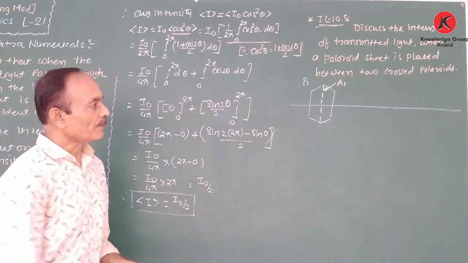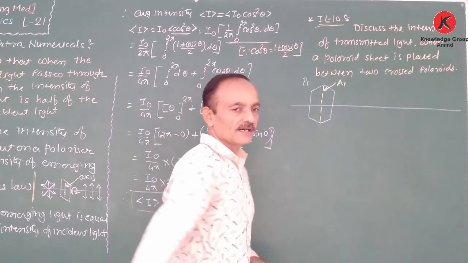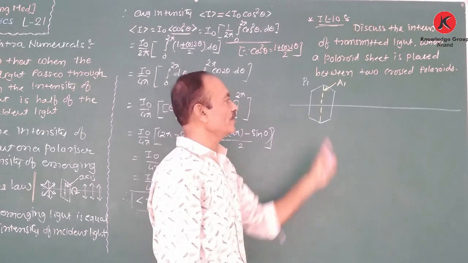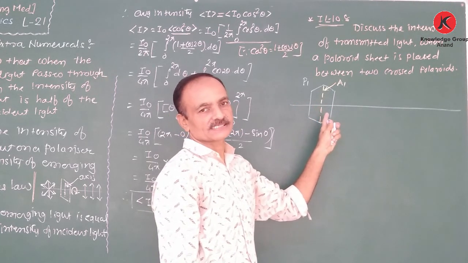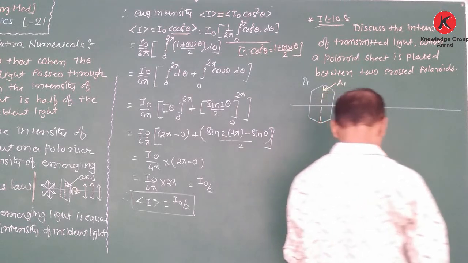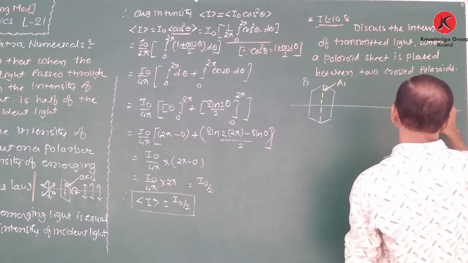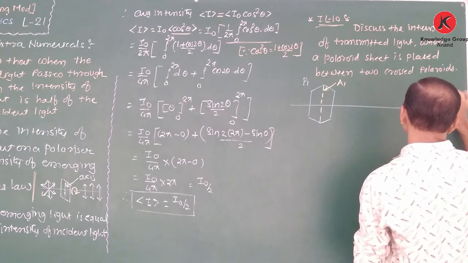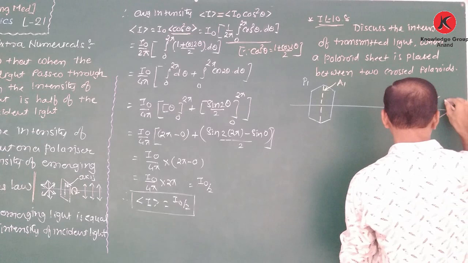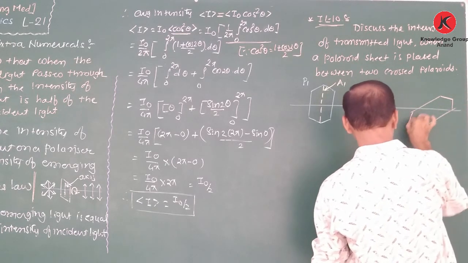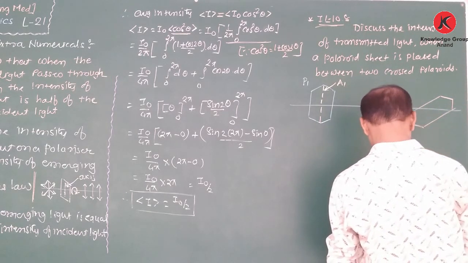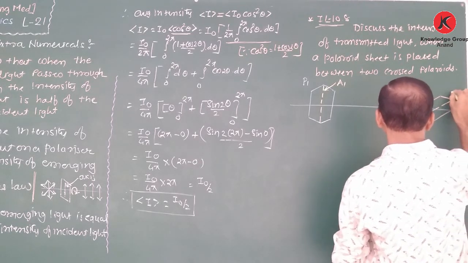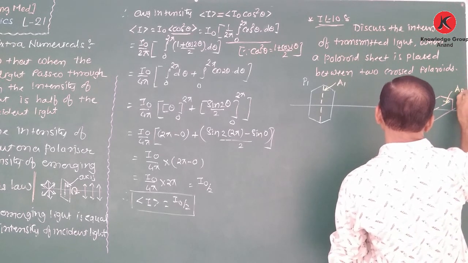Now, the third polarizer is placed in such a way that its axis is perpendicular to this. That is the axis of the third polarizer, A3.